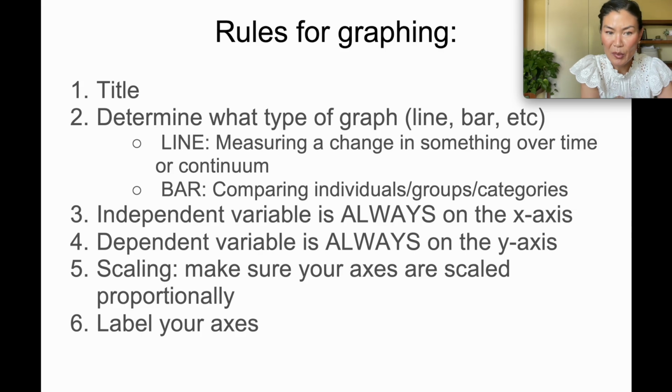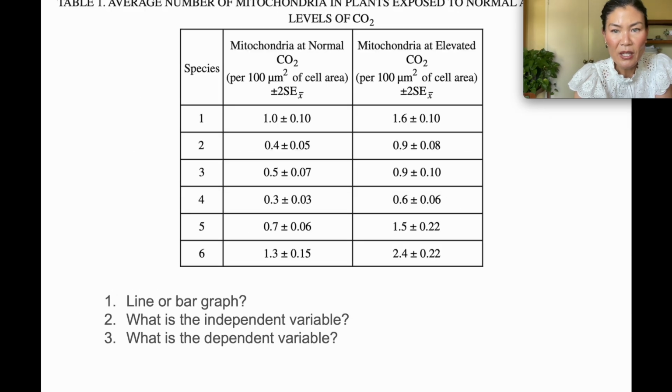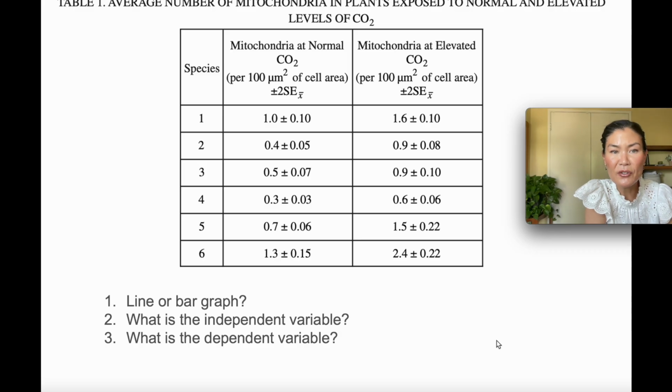And then remember to always label your axes. You want to include the units, okay? So here is an example of some data. The title is Average Number of Mitochondria in Plants Exposed to Normal and Elevated Levels of CO2. So oftentimes when you look at the title, you can already figure out what is the dependent variable and what is the independent variable, okay?